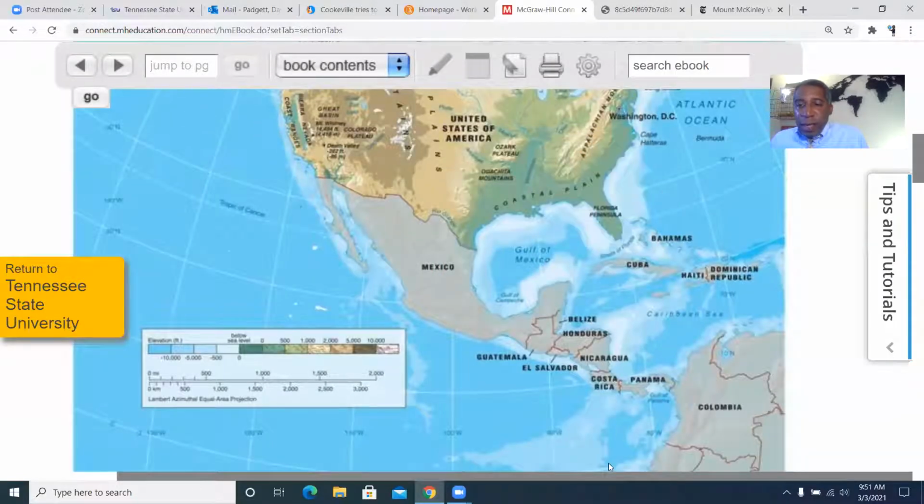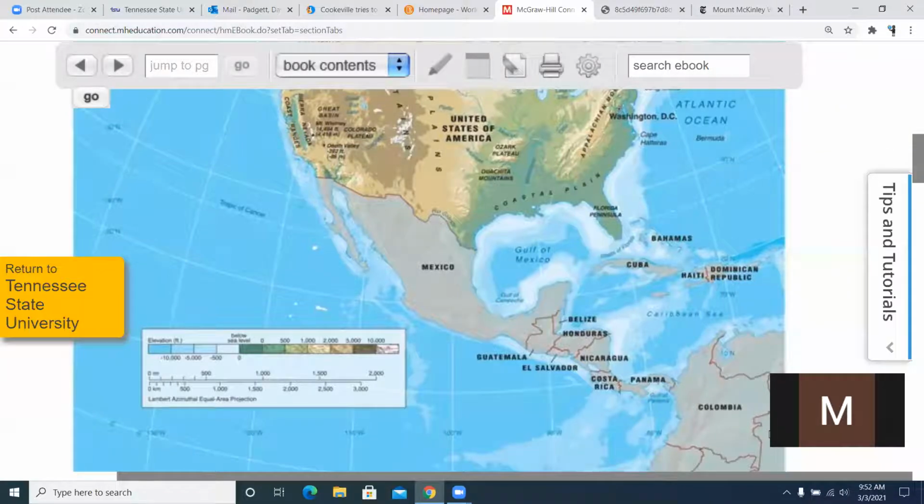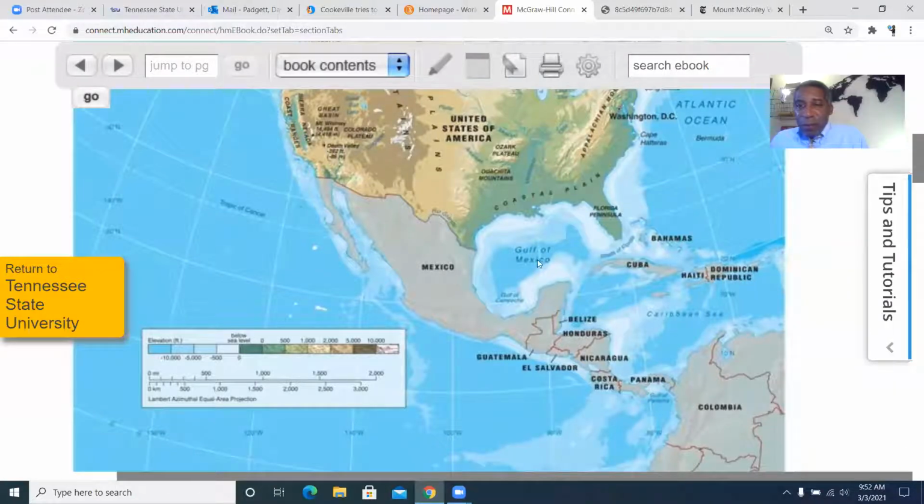Let's see if anybody is actually in class today. Look at the Florida Peninsula and look at these lines of latitude. Can anybody tell me, can anybody see where the mistake is on this map? Okay, look at the Florida Peninsula and look at this line of latitude.